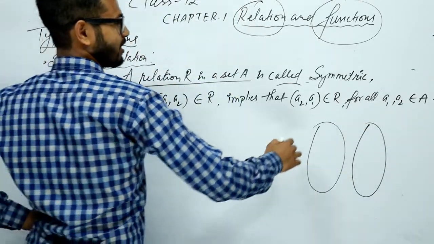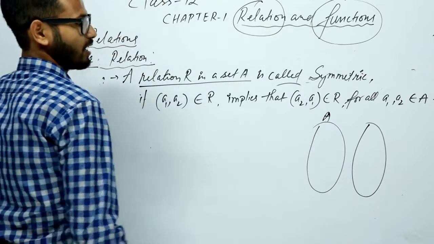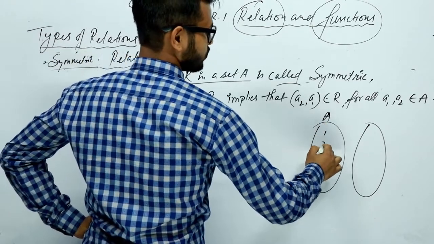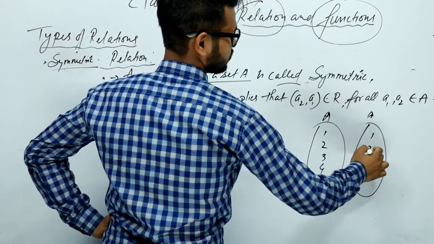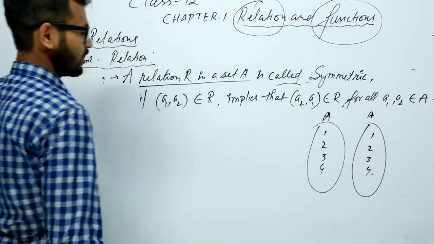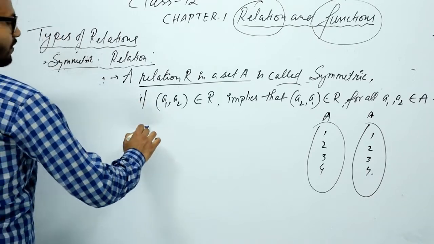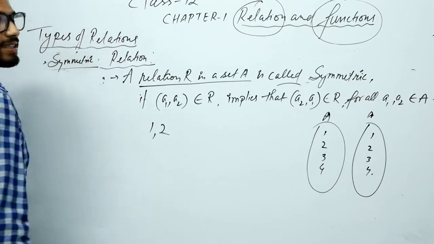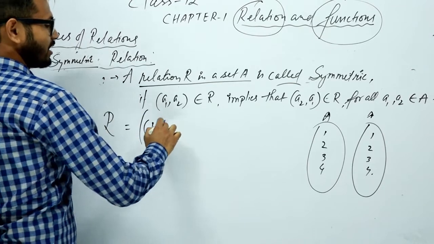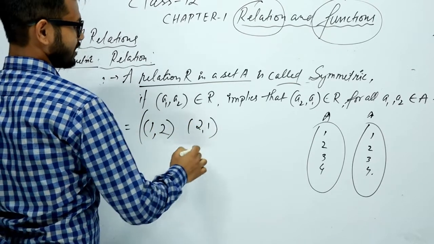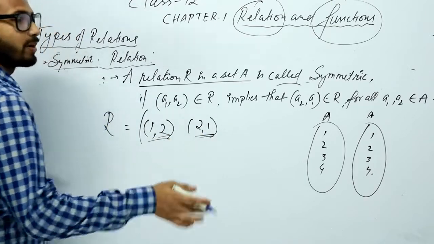Suppose consider a relation on set A where the elements are 1, 2, 3, 4 and another set 1, 2, 3, 4. If I say (1, 2) is an element of the relation R, then definitely there should be (2, 1). The reverse order of the same ordered pair should be present.